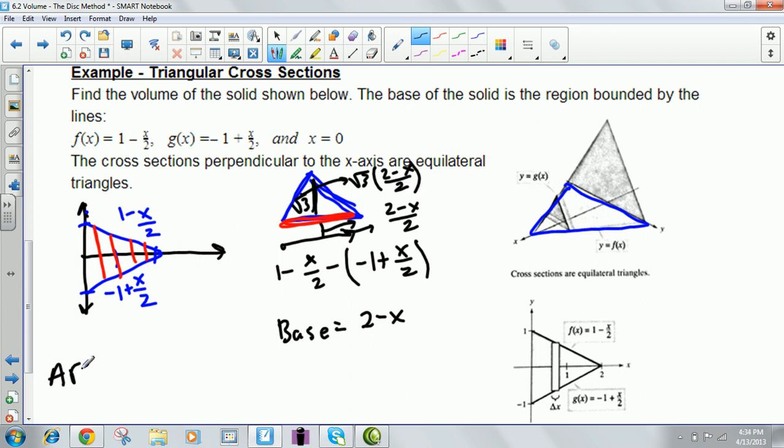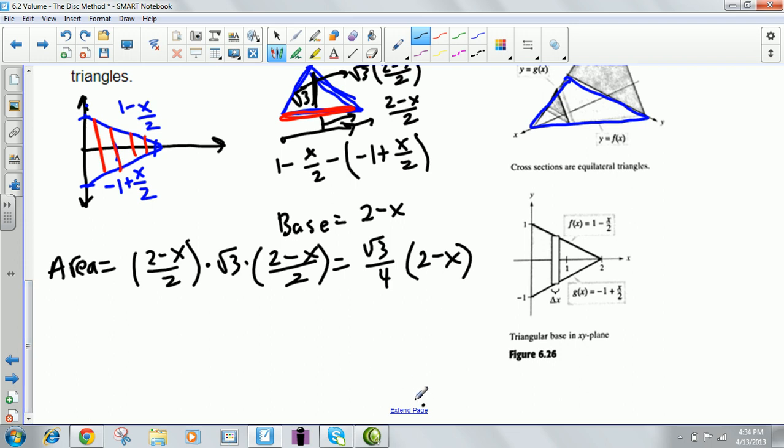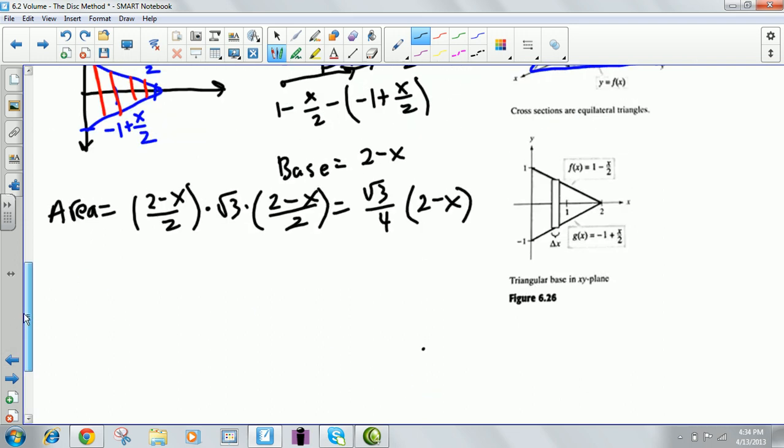And so your area is going to be 1/2 the base, which is 2 minus x over 2, times the height, so that would be the square root of 3 times that. And you can rewrite this as square root of 3 over 4 times just 2 minus x. That's the area. Now once we find the area, we do the volume.